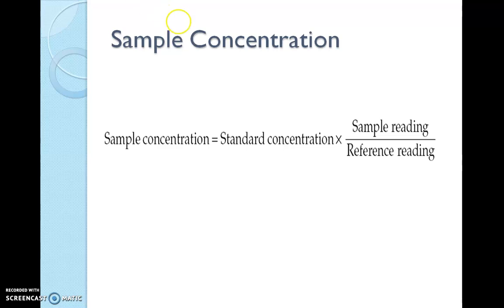So sample concentration equals standard concentration into sample reading by reference reading. So reference reading is nothing but the reading of the standard solution that is taken already in the cuvette, and sample reading, so that is the measurement of concentration of our taken solution.